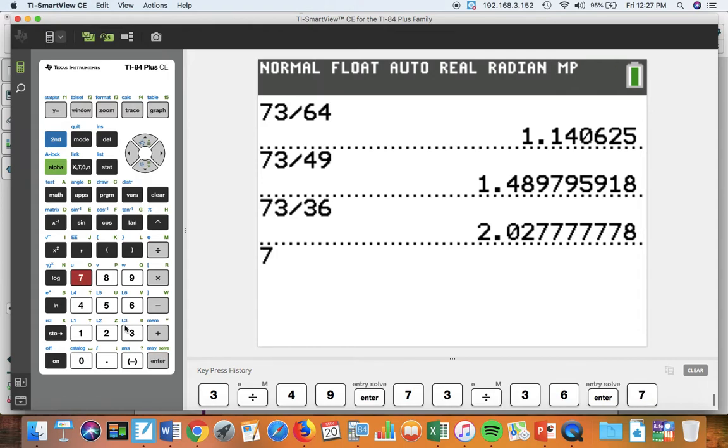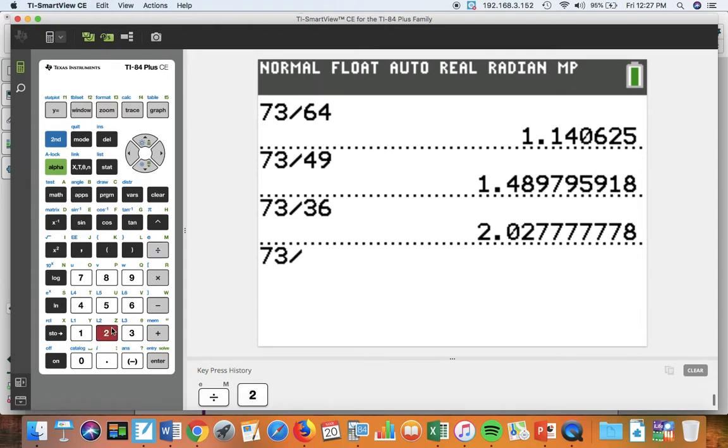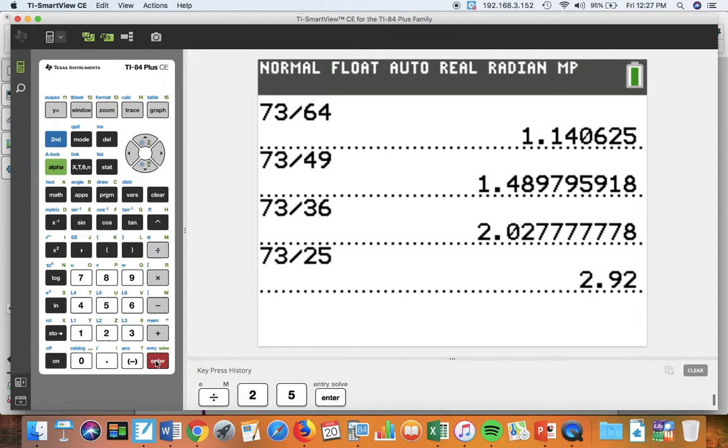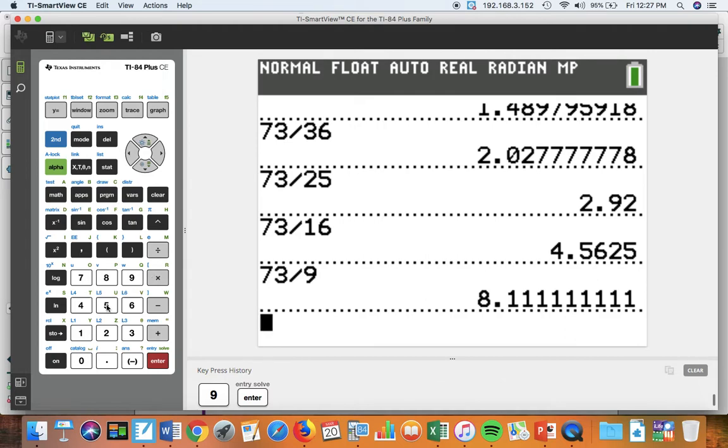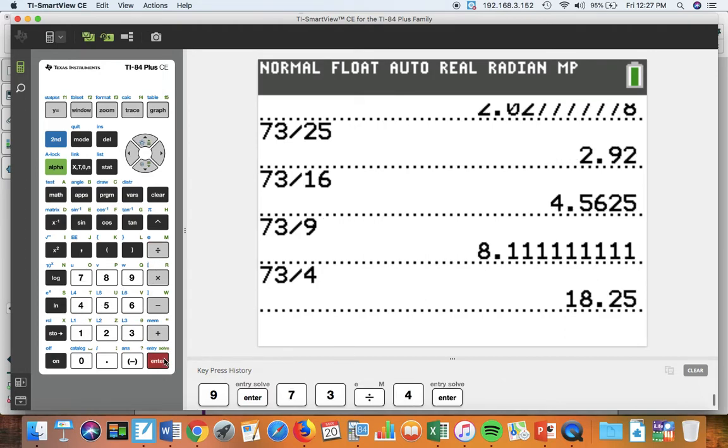Nope. Nope. Nope. Does not work either. And that doesn't work either. Okay?